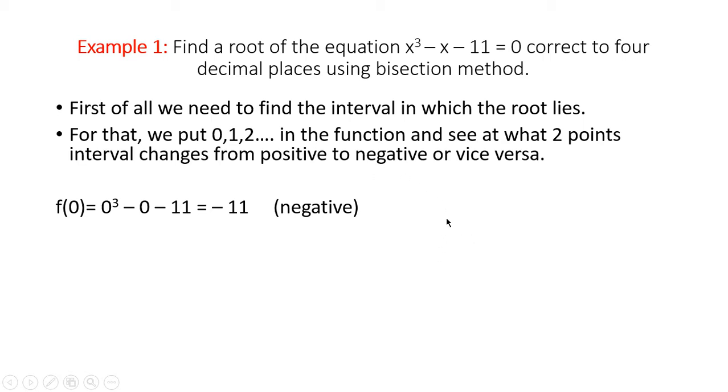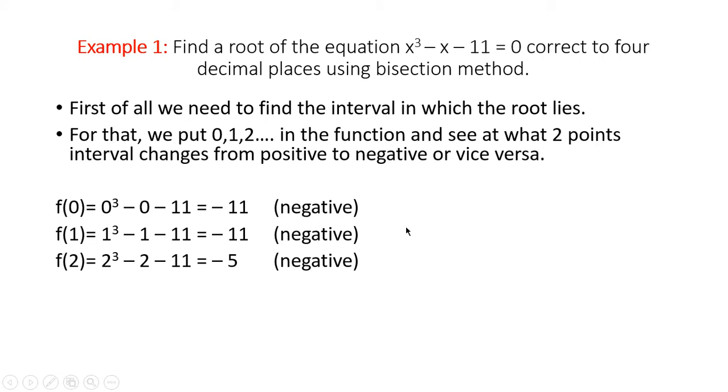So let's put 1 into the function. We get a negative value again, so it is not changing from negative to positive. We will continue and put 2 into the function. It is again negative.